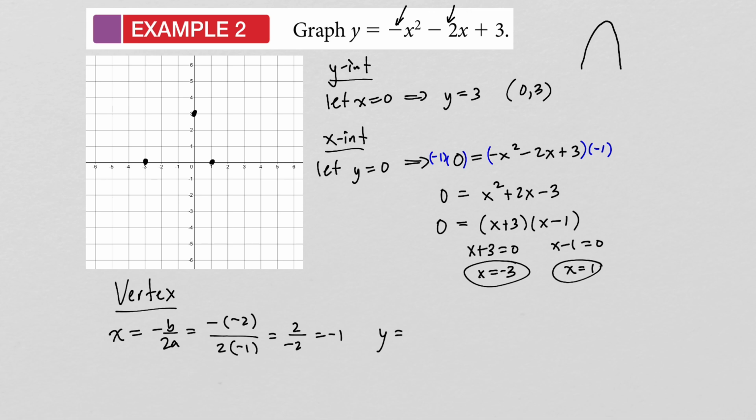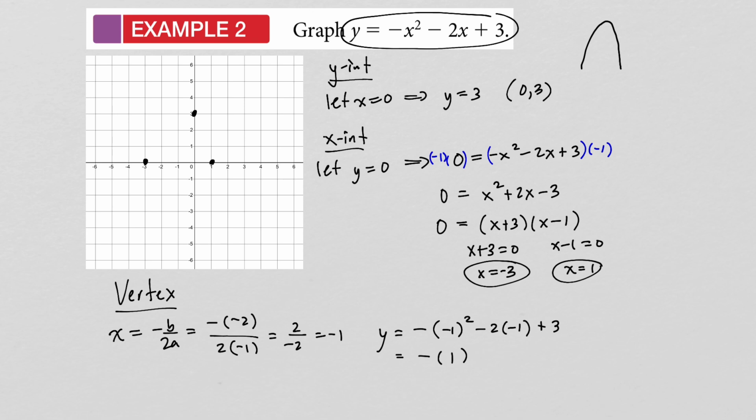And now the y-coordinate, to get the y-coordinate, we have to plug x equals -1 into our equation. So we're going to get, very carefully now, negative, and then -1 squared minus 2 times -1 plus 3. And this is negative. -1 squared is 1.